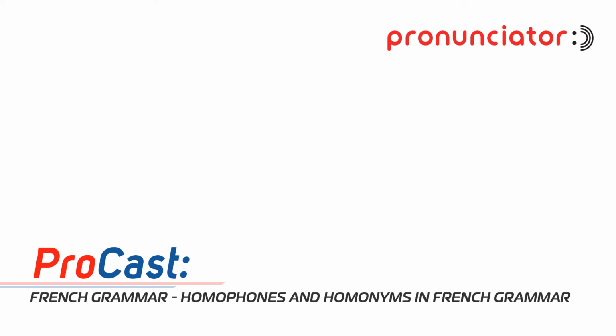A subtle but important difference. Exactly. And this distinction is particularly relevant when you're trying to express yourself clearly and accurately in French, especially in written communication or formal settings. It's like choosing the right tool for the job. You wouldn't use a hammer to screw in a light bulb, right? Precisely. Each word has its specific function, and understanding those functions is key to mastering French grammar.